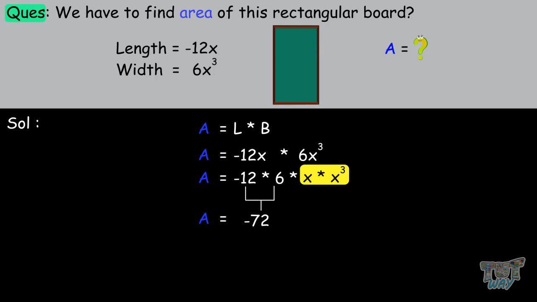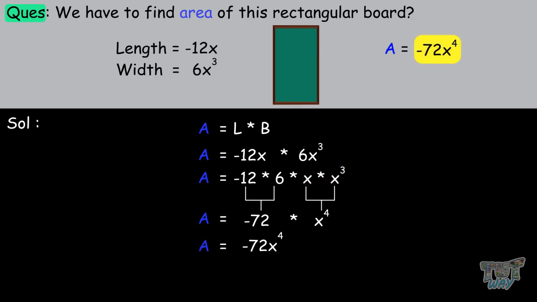So how do we multiply the variables? Remember, they are of the same base, so you can just add the exponents. Therefore, we have x to the power of 1 plus 3. 1 plus 3 equals 4. So x times x to the power of 3 becomes x to the power of 4. Now we multiply these two together to get negative 72 x to the power of 4. This is the final area.